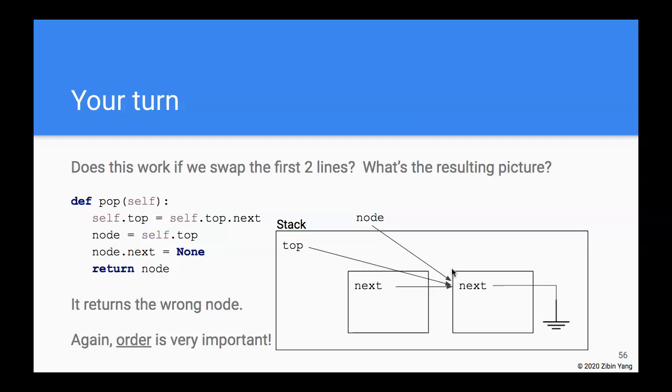And then we say node is equal to self.top, and so node will also point to the second node in the original stack, and that's what it's going to return. So instead of returning the top of the original stack, it will return the second node of the original stack. So it's the wrong node.